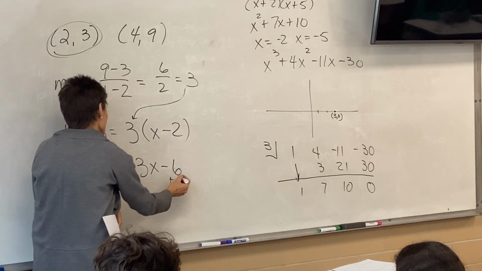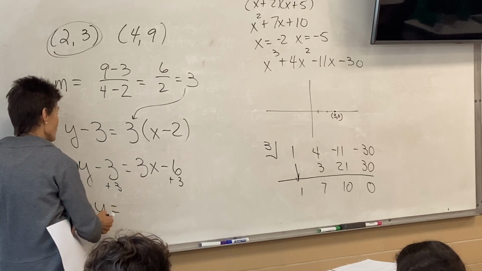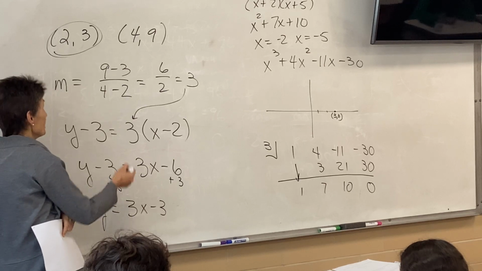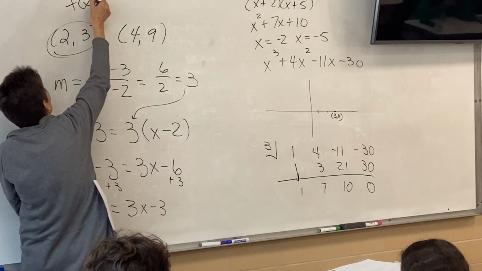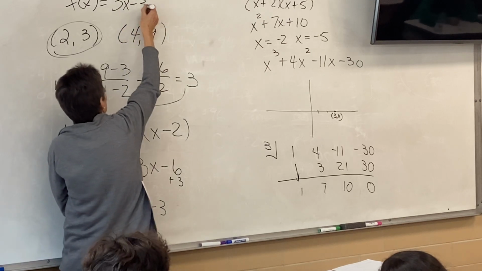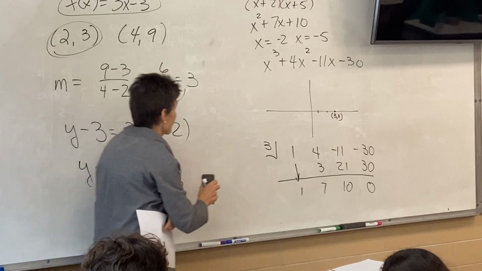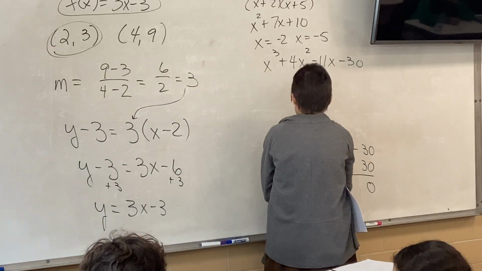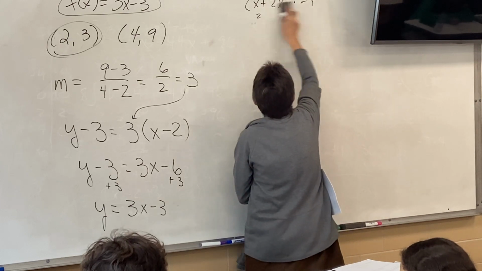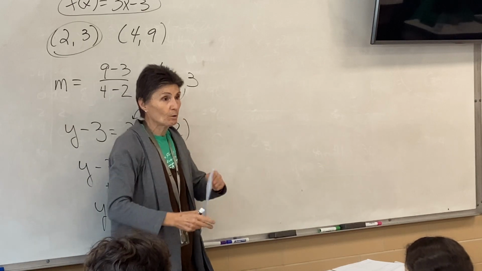Add 3. And I'm going to have my linear function. My linear function is 3x minus 3. So f of x is 3x minus 3. Okay, so far, is everybody with the program so far?